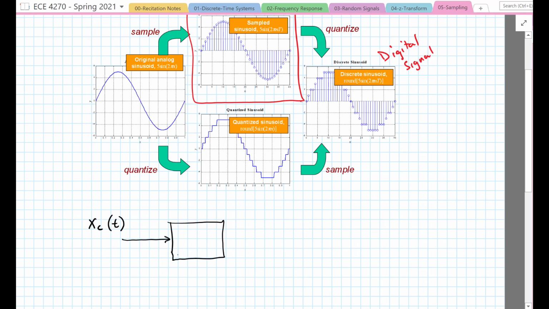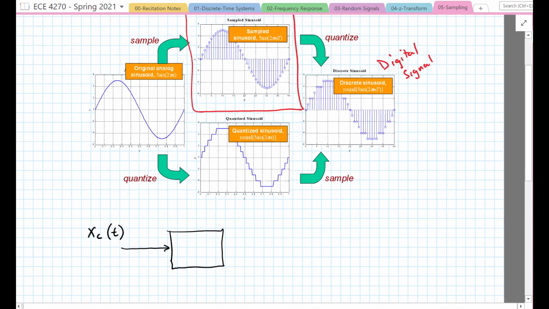And if I were working on a computer system, I would mention that this next part is my analog to digital converter, or ADC. But right now we're just doing the ideal sampling, so we're going to call it a continuous to discrete converter, or a C to D.